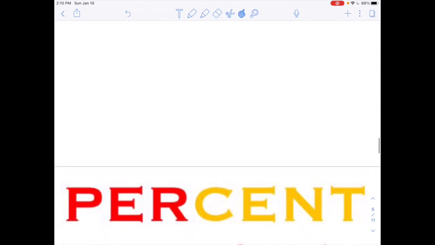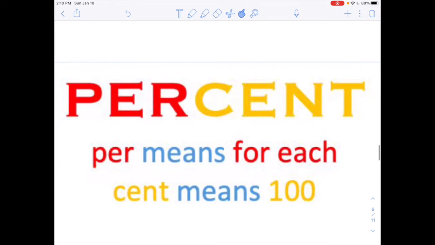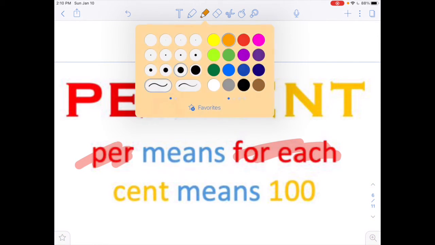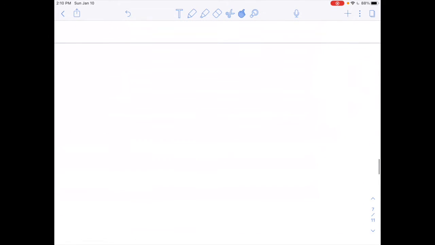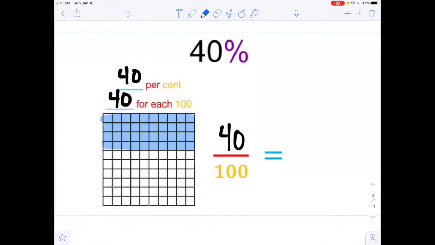On Monday and Tuesday, we talked about percents, meaning per, for each, and cent meaning 100. So here's an example from class. We said 40% means 40 out of 100. So we colored in 40 out of those 100 teeny tiny little squares.